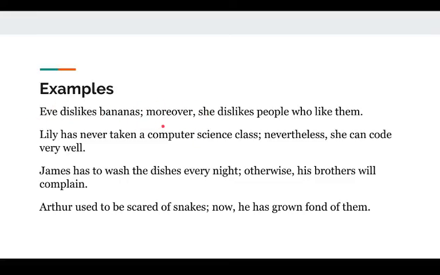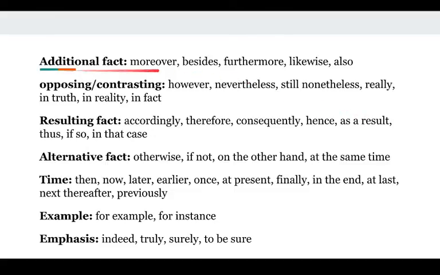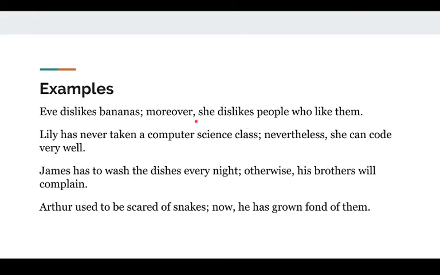So moreover was in the category of additional fact. The additional fact here is that she dislikes people who like bananas. That's why we can use moreover. We could replace moreover with furthermore, and it would still make sense: "Eve dislikes bananas; furthermore, she dislikes people who like them." It doesn't really matter which additional fact word we use because in all these cases, it's just helping introduce the additional fact.